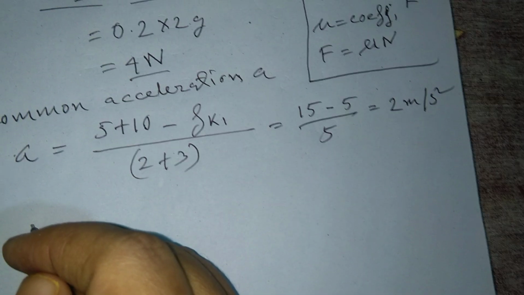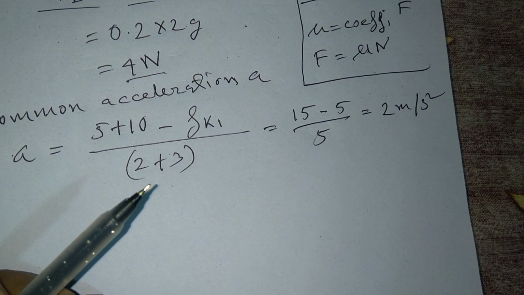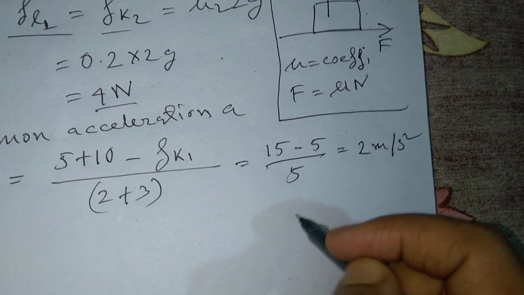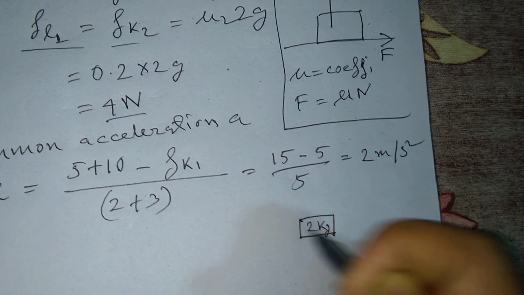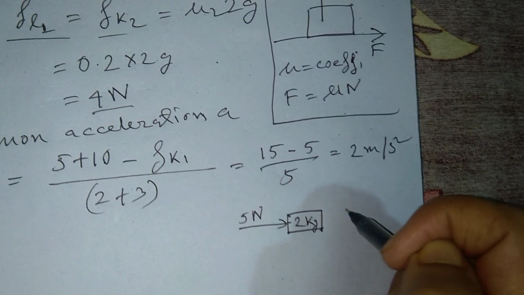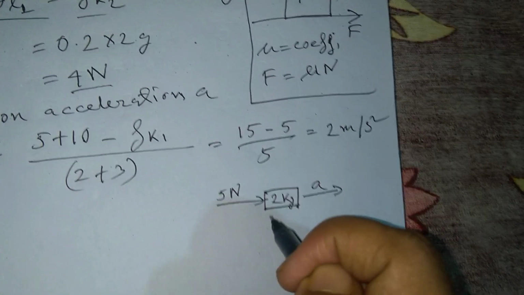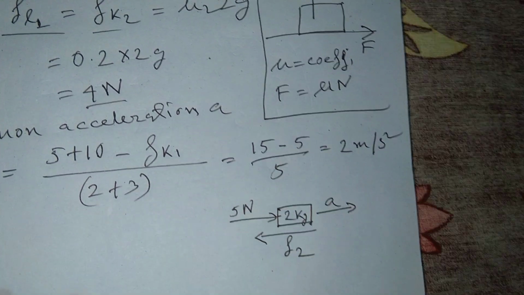Now let us see how much friction force is required between the 2 kg and 3 kg. The mass is 2 kg, with 5 Newton force, acceleration A, and the frictional force F2 in this direction.